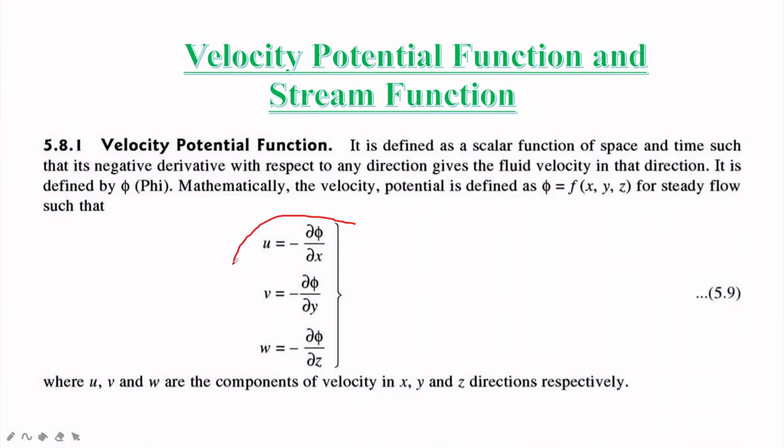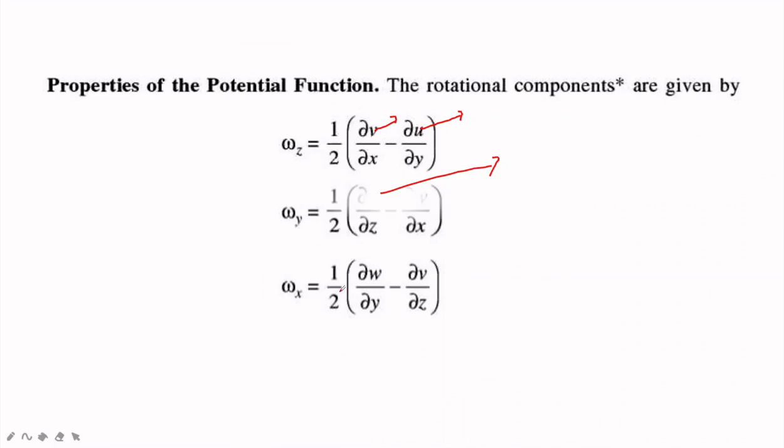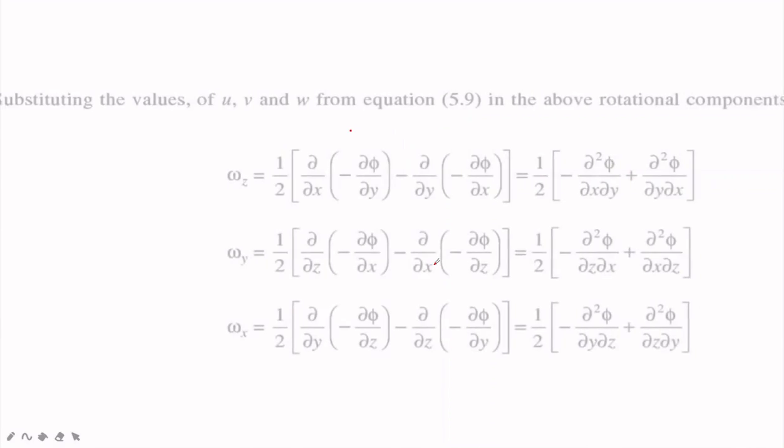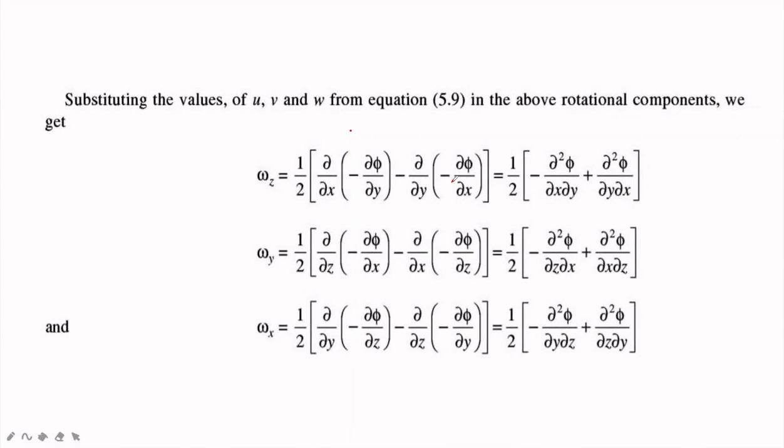See the value of u, note it down: u is equal to minus dou phi by dou x, v is minus dou phi by dou y, w is minus dou phi by dou z. These values we have to substitute in the equations for rotational components. Once we substitute the values, it is a lengthy process.